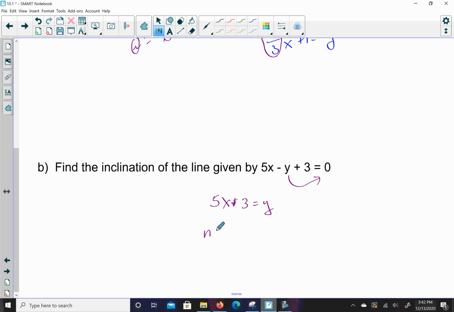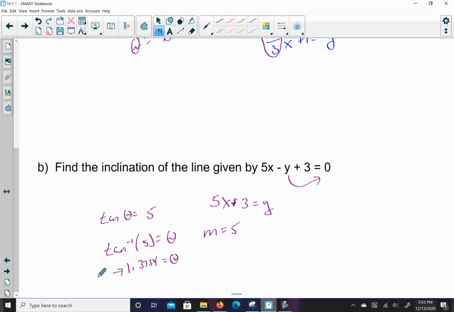So my slope is going to be 5. So I'm going to say the tangent of theta is equal to 5. I don't know this from my unit circle, so I'm going to have to get out my calculator. I'm going to do the inverse tangent of 5 on my calculator, which is equal to theta. When I first do that, my calculator gives me an answer of 1.3734.